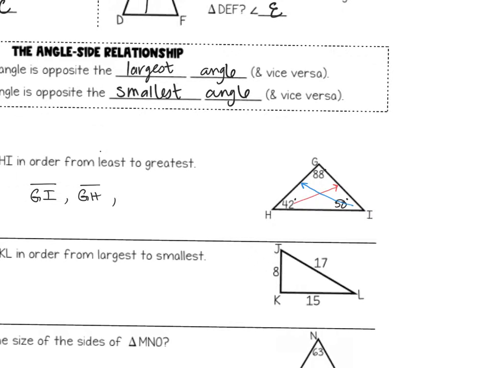And that means my largest side, across from my largest angle, so opposite angle G, is side HI. So using the angle measurements, I can find which side is smallest, medium, and largest.